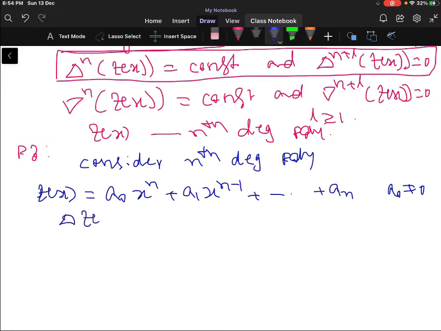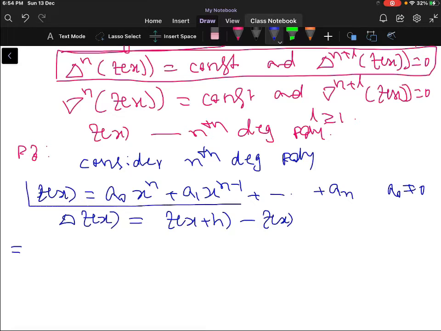We know that delta of f of x is equal to f of x plus h minus f of x. So this is equal to, f of x is a nth degree polynomial.